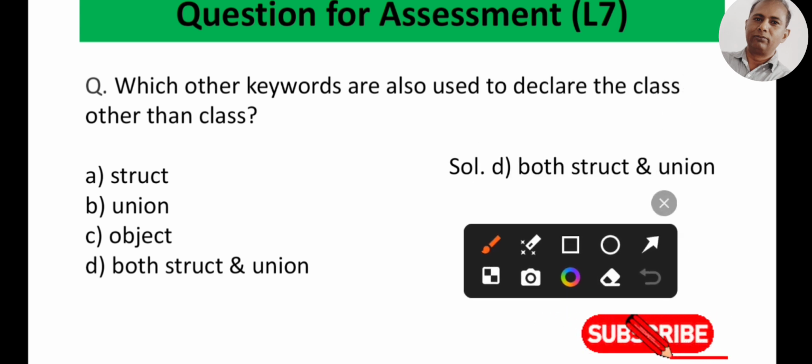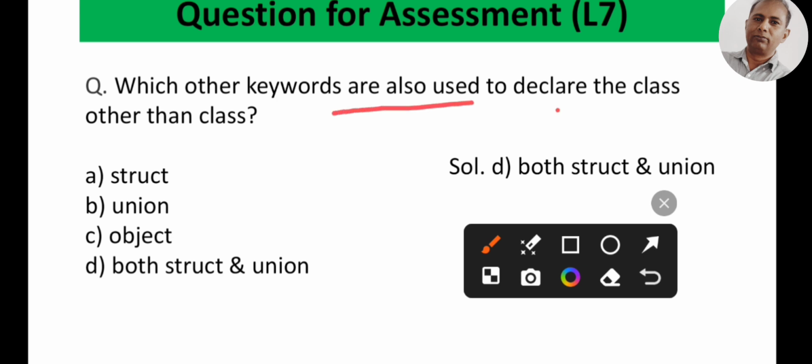During the previous lecture, we asked which other keywords are also used to declare a class. For example, if we want to make a class, then we use the keyword class. So, what are the other keywords which we can use to declare the class?